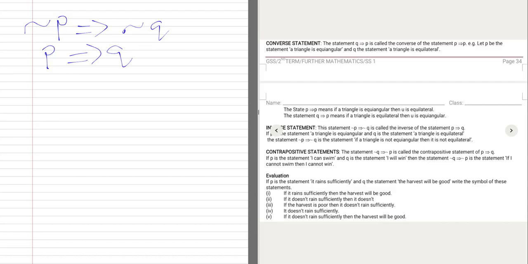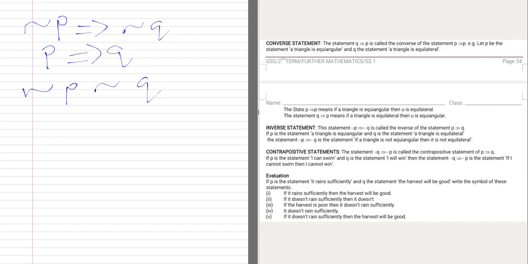So let us use the same example we just finished. This example is saying that if P is the statement that a triangle is equiangular, and Q is the statement that a triangle is equilateral, then what will be the negation? I'm sure you know the answer already.